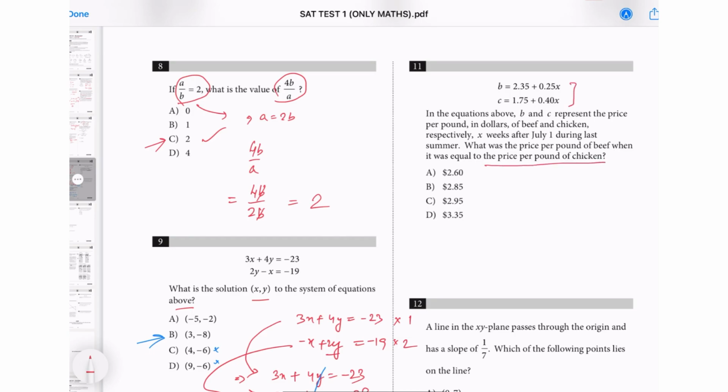So when both of them are equal, I simply take B equal to C. It implies 2.35 plus 0.23x equals 1.75 plus 0.40x. Then just subtracting 1.75 from both sides and 0.23x also from both sides, we get 0.25.